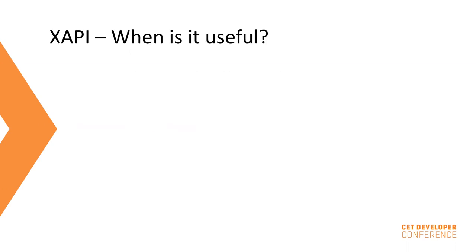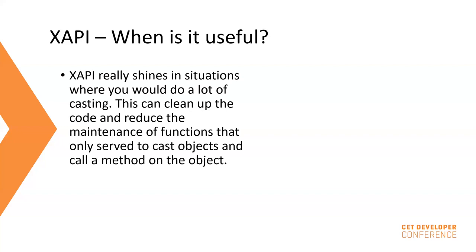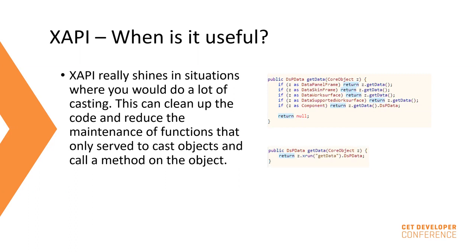When is it useful to use XAPI? XAPI is very nice for situations where you would do a lot of casting to call methods on objects that all implement the same functionality but don't necessarily share a common base class. One case for this would be getting your DSP data from any object without casting.